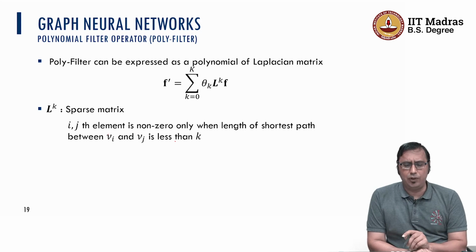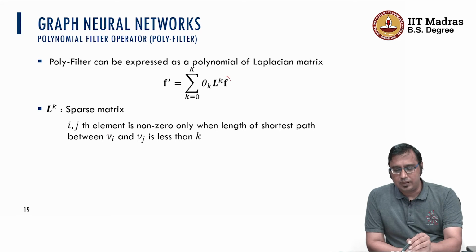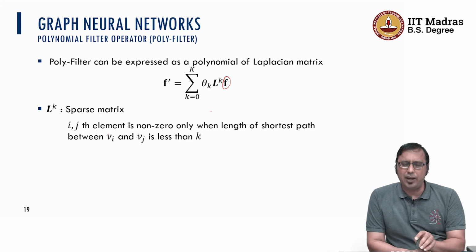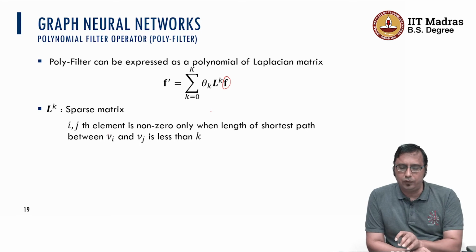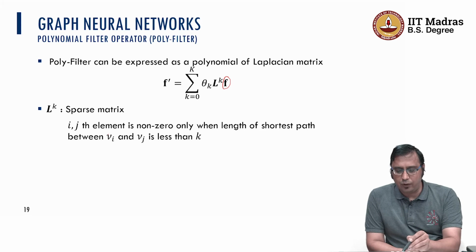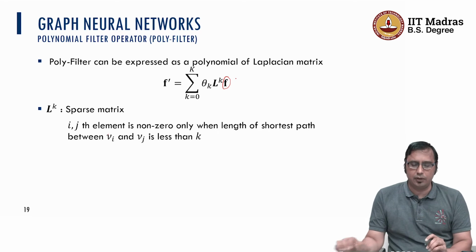Otherwise, it will be 0. This structure is useful for filtering the signal in an efficient manner, because we look at only a subset of nodes that help us filter. Instead of applying complete graph information as earlier, here we use local information depending on the structure of L^k.